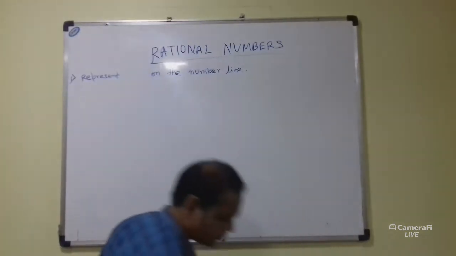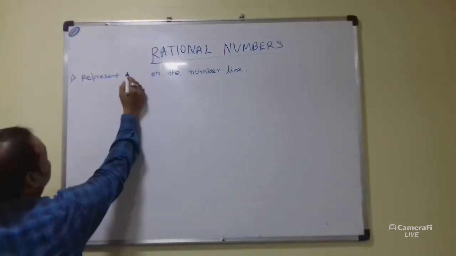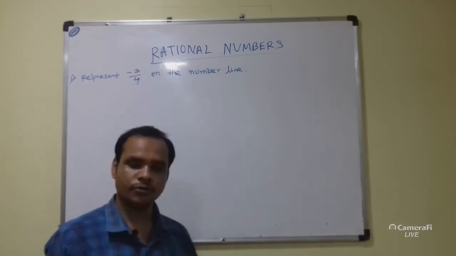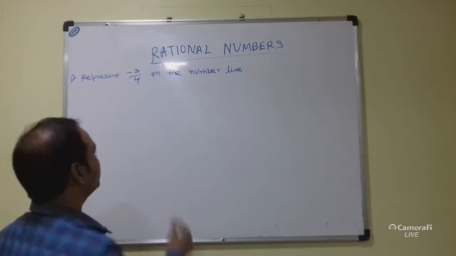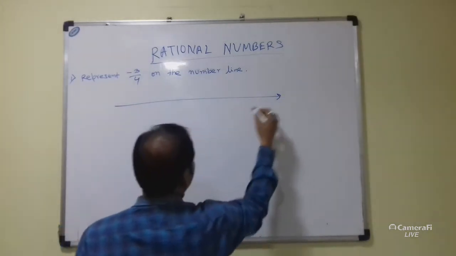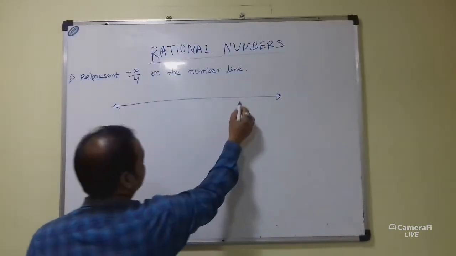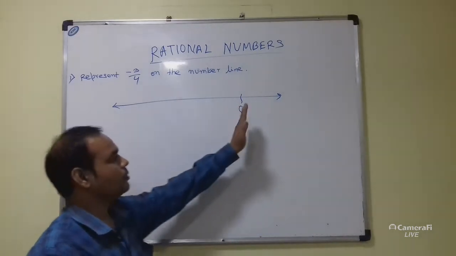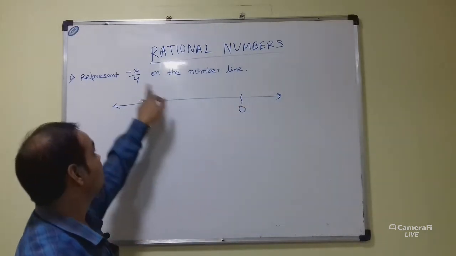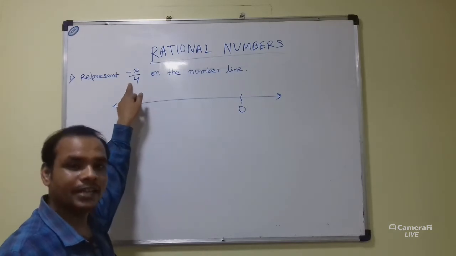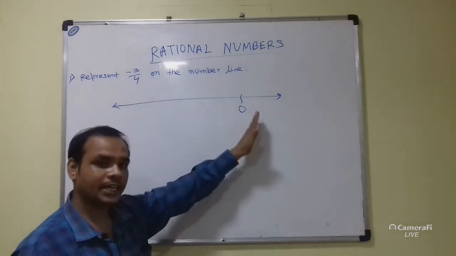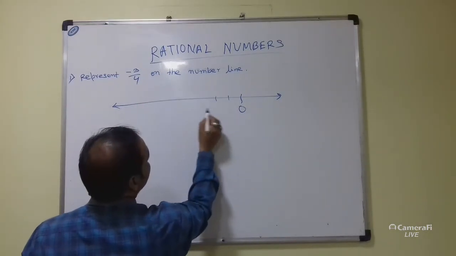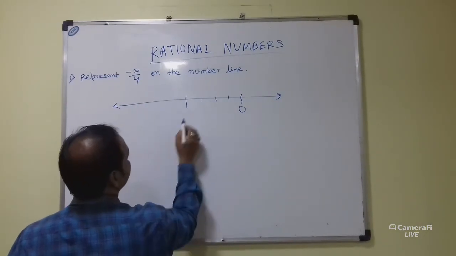Now similarly, if I ask you to represent -3/4 on the number line, what will you do? You have to take 0 to 1 from right to left, because the rational number is negative. That's why you take right to left: 1, 2, 3, 4.